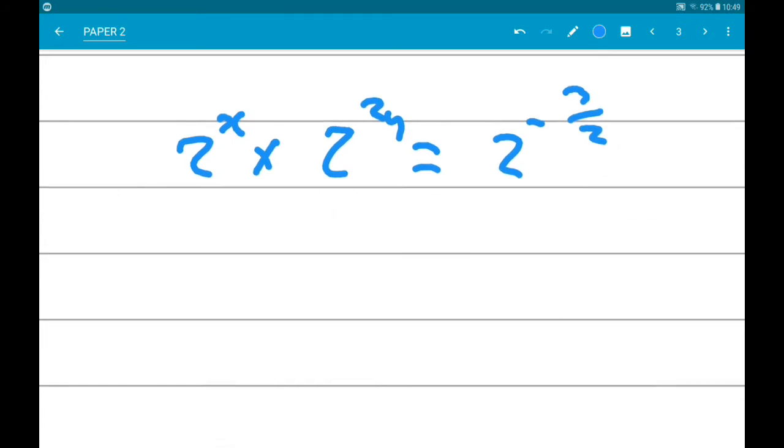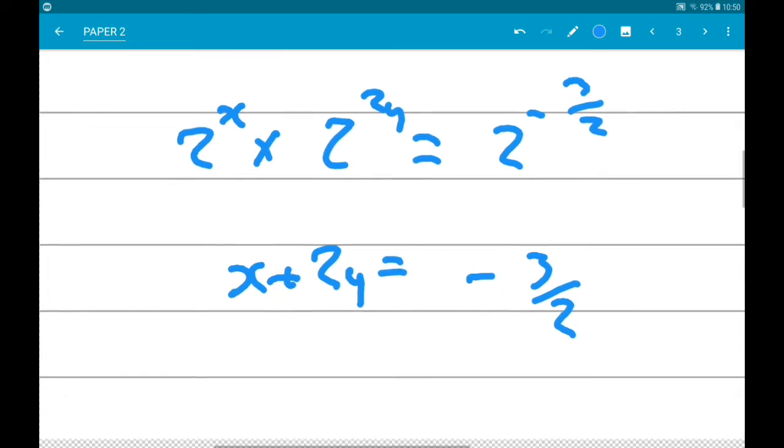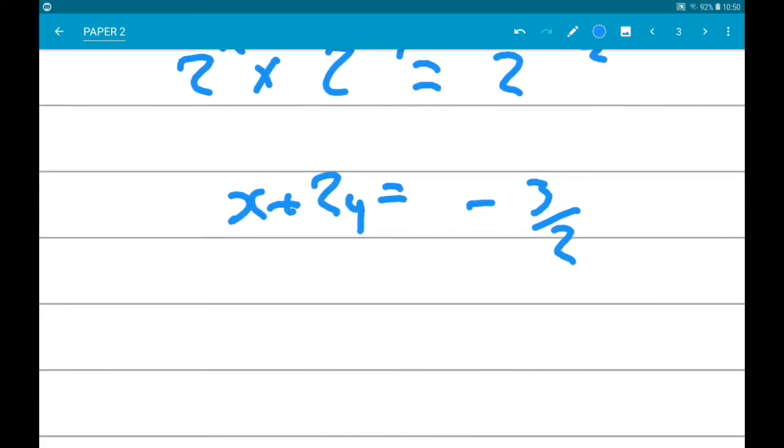So on the left we have x add 2y is equal to minus 3 halves. Subtract x and divide by 2 and we get y is minus x over 2 minus 3 quarters.